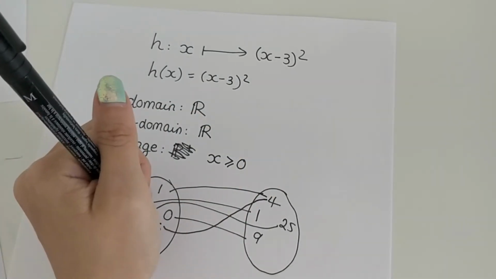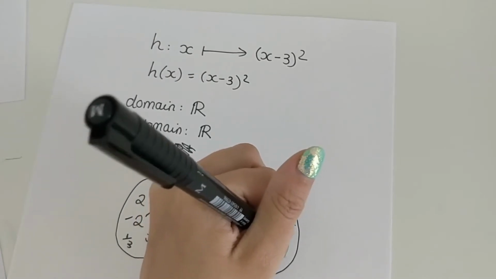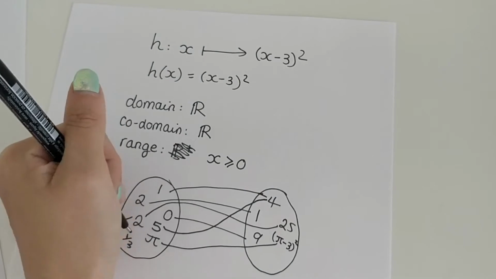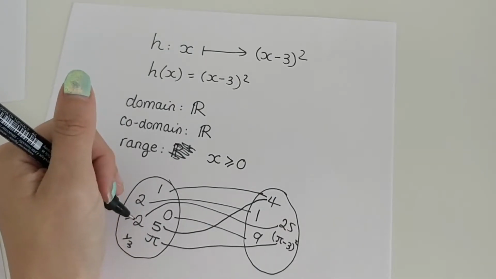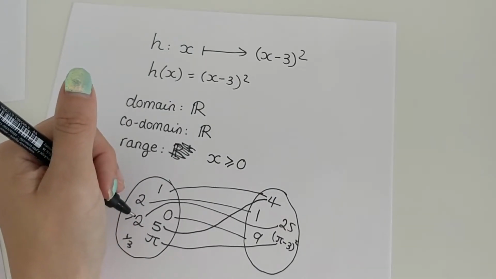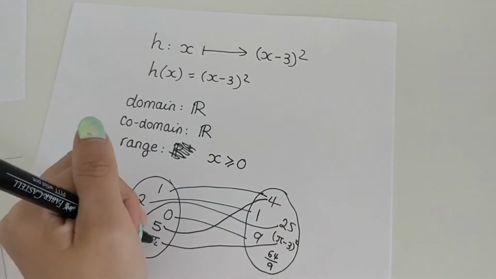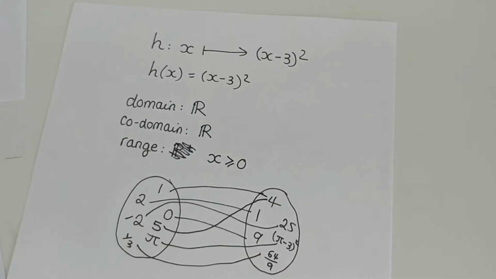Interesting. Okay. Pi take away 3 squared is, well, it's (pi minus 3) squared, of course. And a third take away 3 is minus 2 and 2/3, which is minus 8/3, so squared is 64/9, something like that. Please don't correct me if that's wrong, because I really don't care.